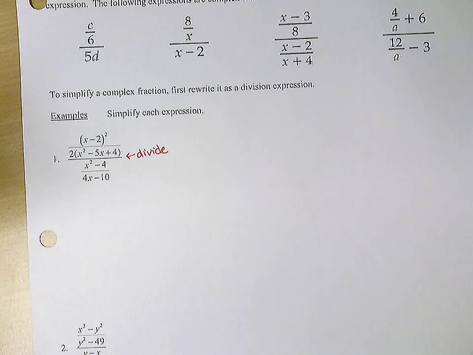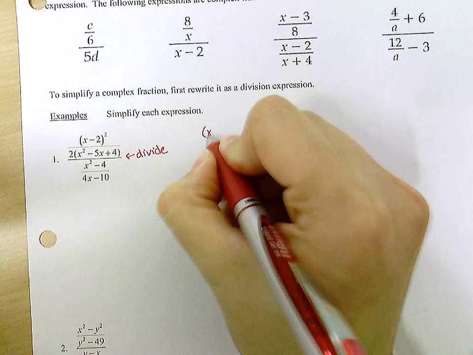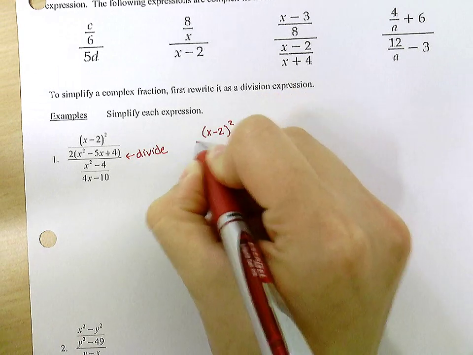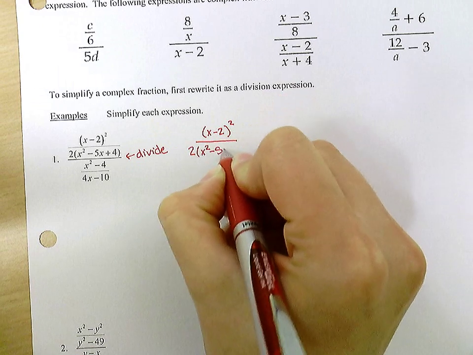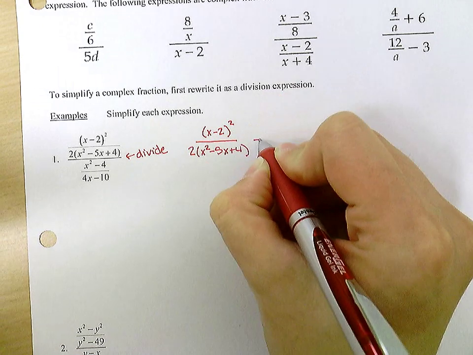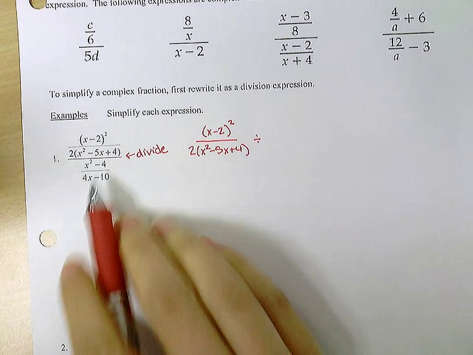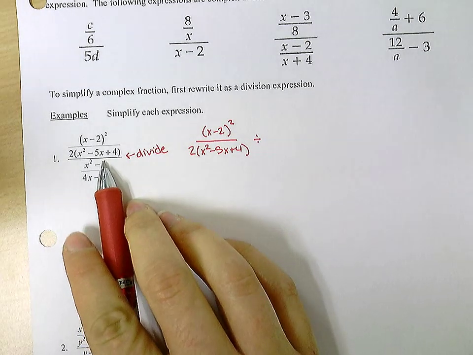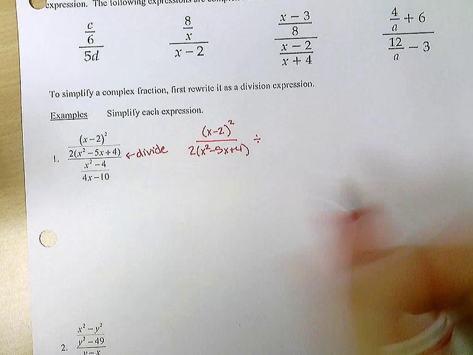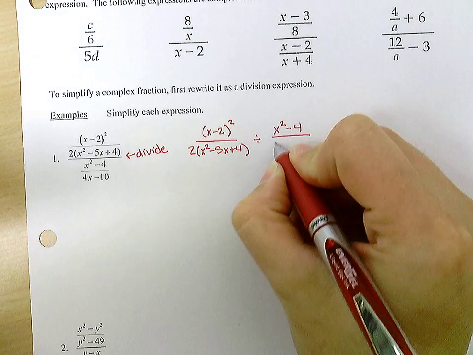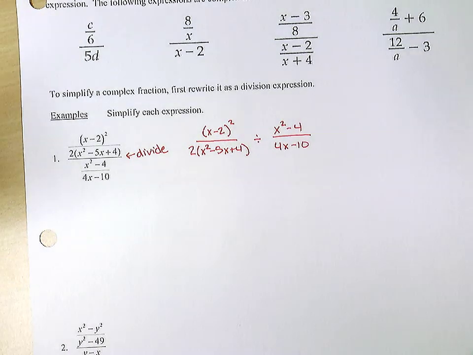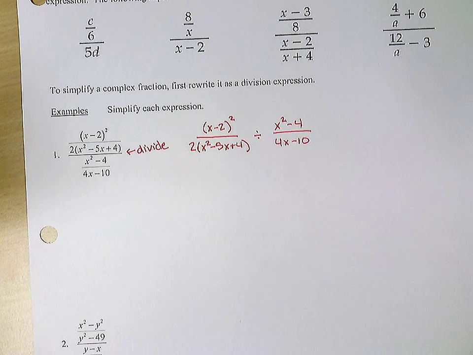So I can rewrite this as (x minus 2) squared over 2 times (x squared minus 5x plus 4), divided by my other fraction, which is (x squared minus 4) over (4x minus 10). Now this is exactly what we did yesterday.